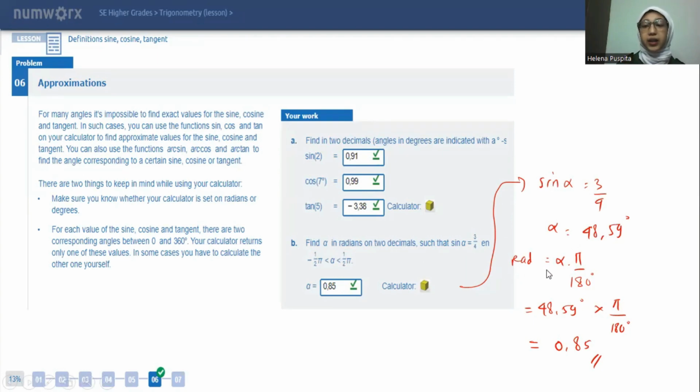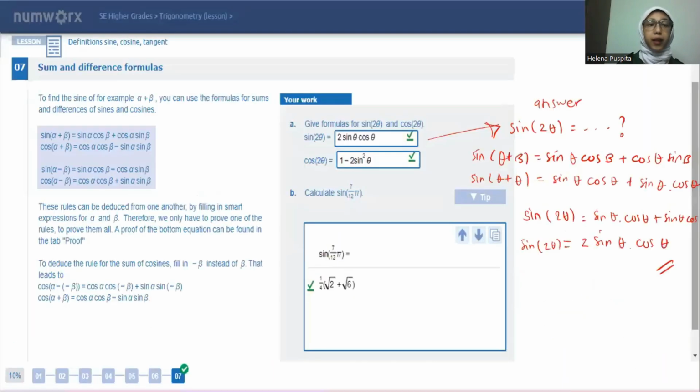And then radians is alpha times π over 180 degrees, equals 48.59 degrees times π over 180 degrees, equals 0.85. So the solution is alpha equals 0.85.